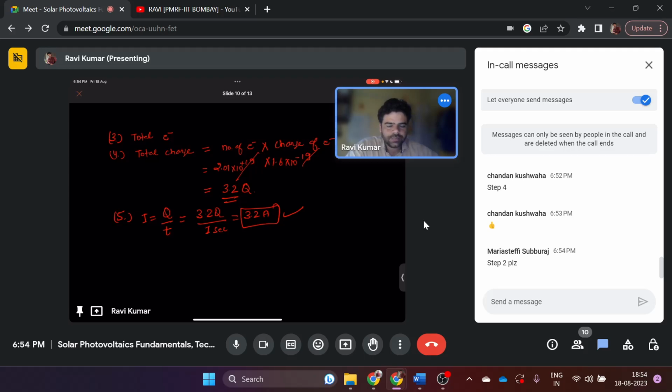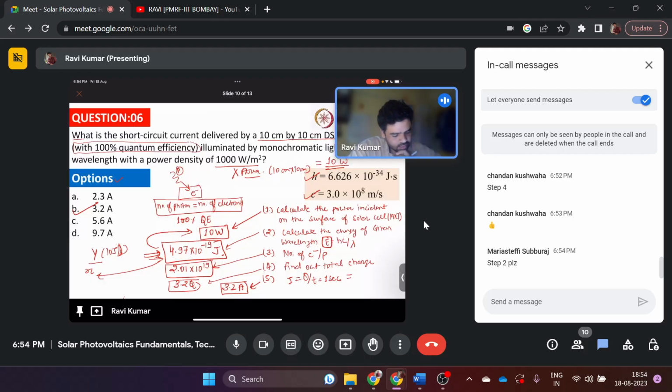Step 2, please. Okay, what is step 2? Calculate the energy of the given wavelength.